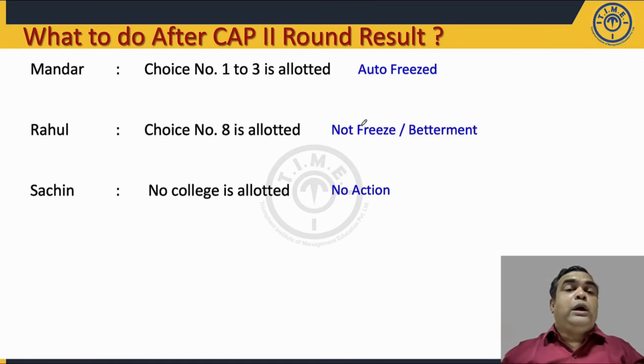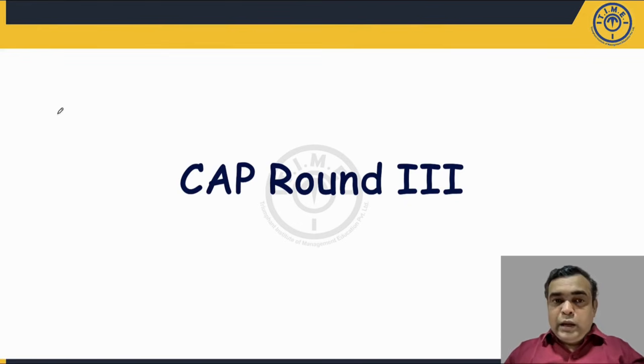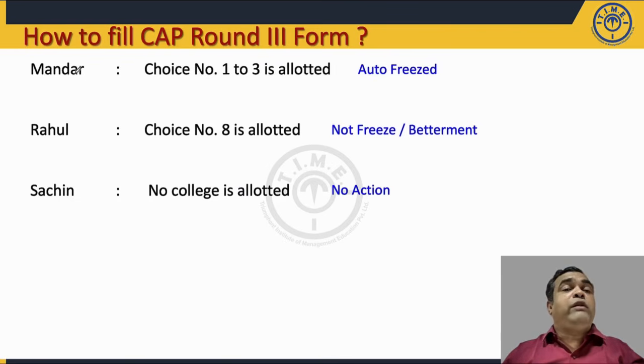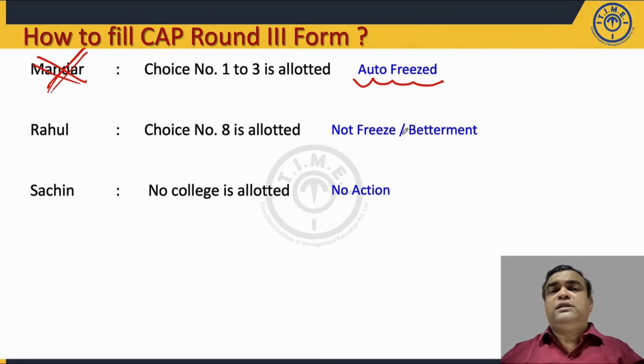Now here what will happen? What will happen to round 3 then? Now in round 3, what will happen? Mandar's admission was auto freeze. So Mandar is not eligible for round 3. Rahul says not freeze. So he's allowed for cap round 3.